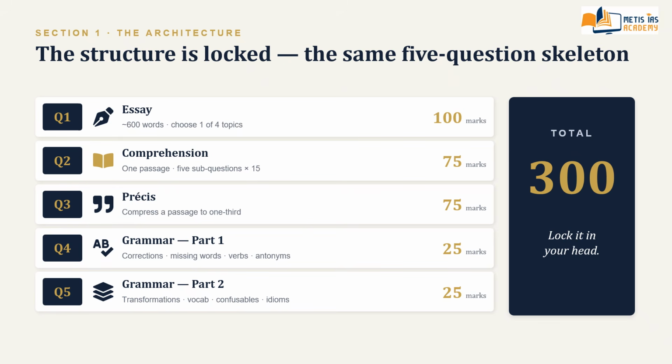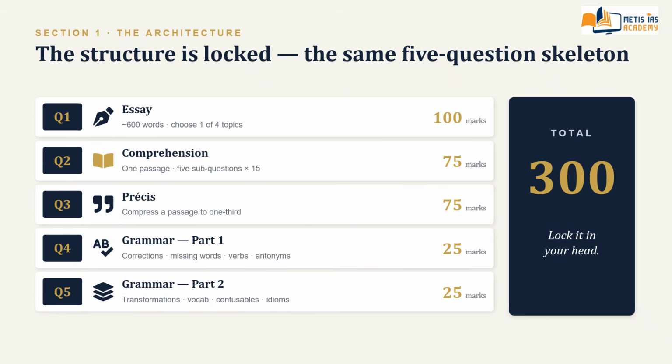Then moving to question number 5, that is grammar part number 2. It also carries 25 marks. In this question, we have transformations, vocabulary, confusables, and idioms. This is the overall structure of the general English paper from 2014 till 2025.